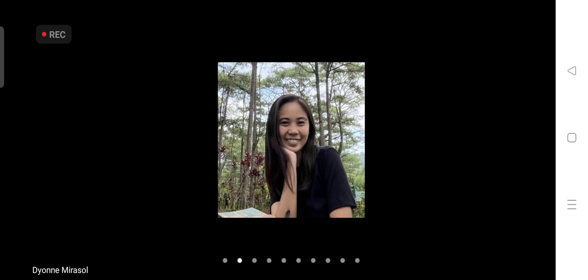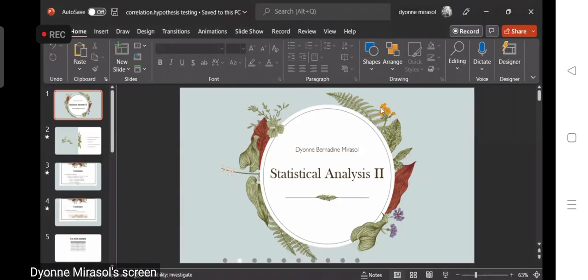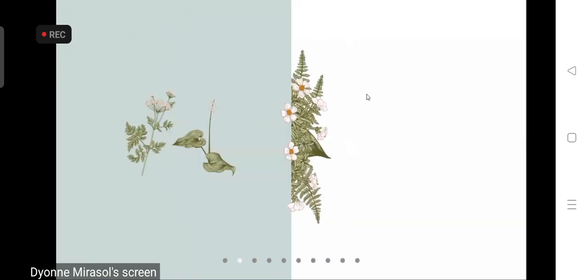Okay, so let me just share my screen. So last meeting, we discussed about scatter plots and simple linear regression. In the scatter plot and simple linear regression, we assume that there is a straight line correlation between variables.